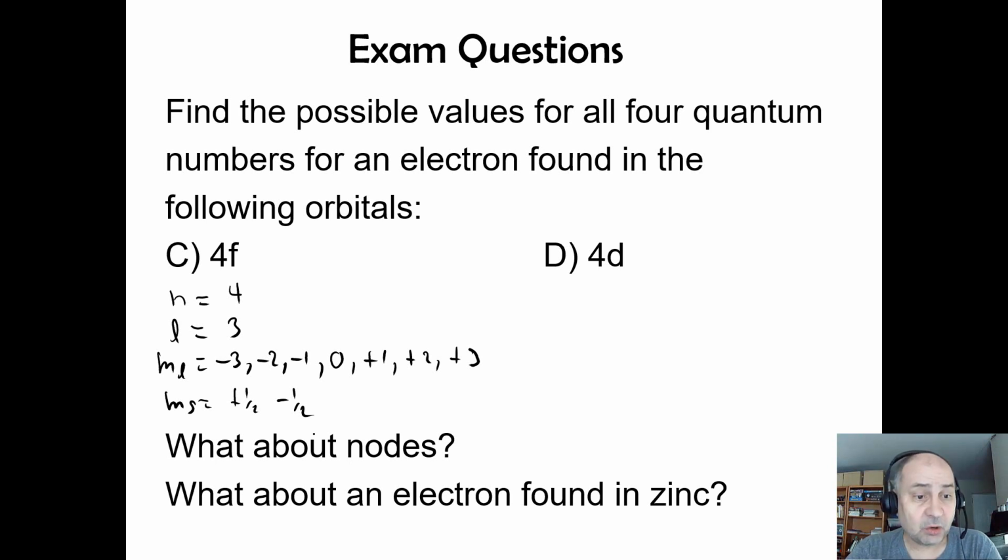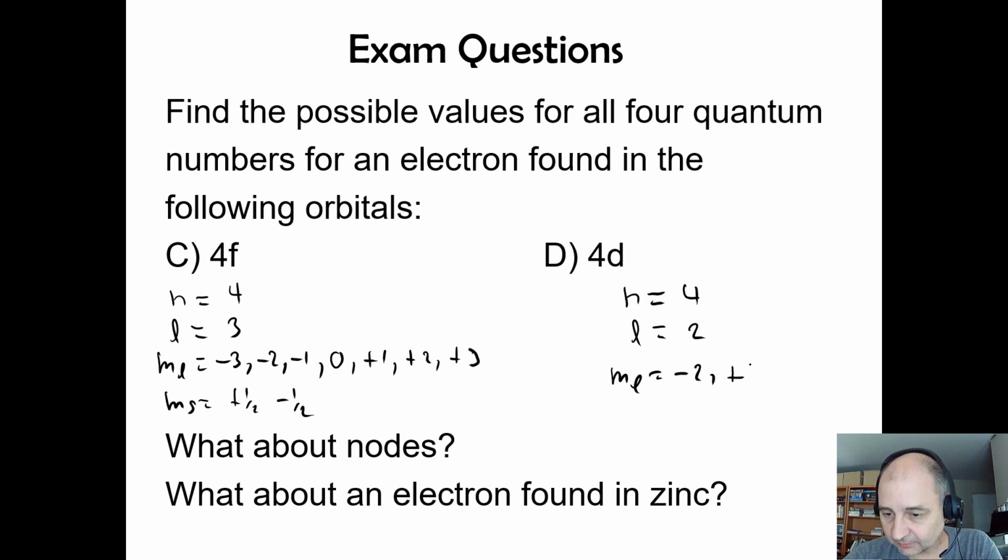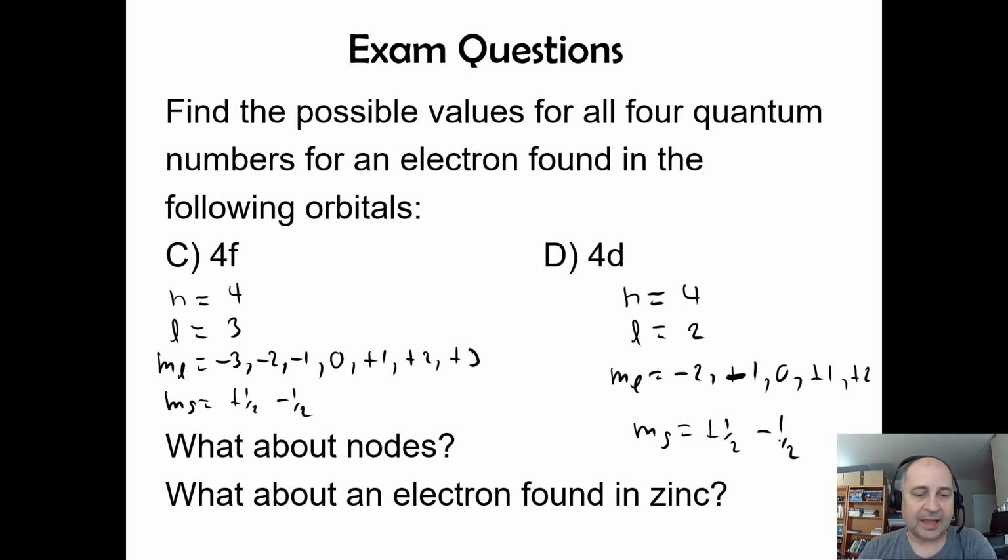Okay, now for 4d, we have n is equal to 4, L is equal to 2, and then m sub L is just -2, -1, 0, +1, and then +2, and again m sub S is equal to +1/2 or -1/2.